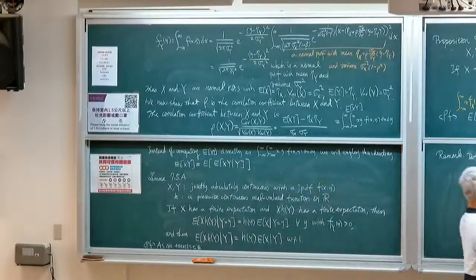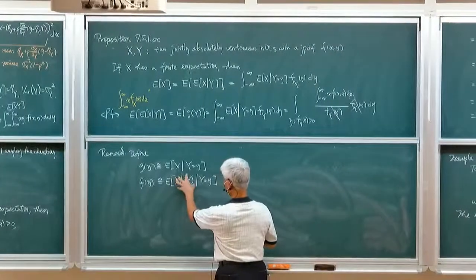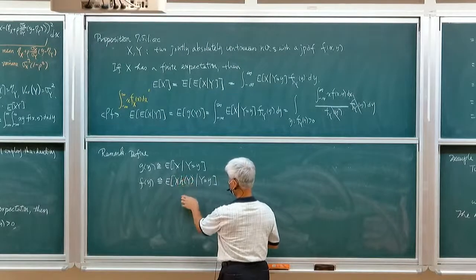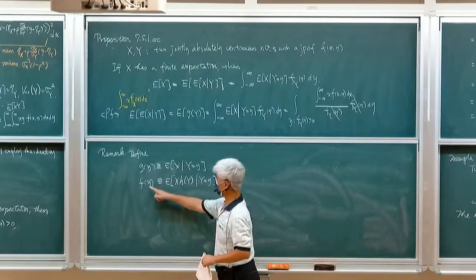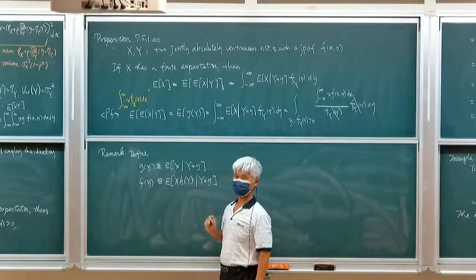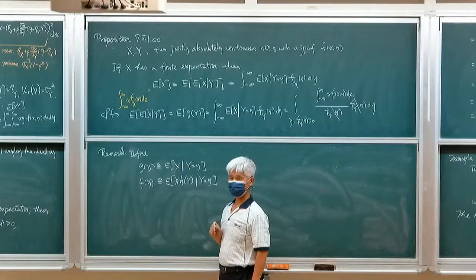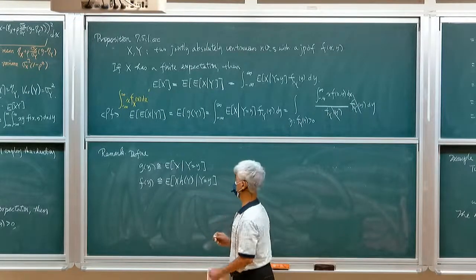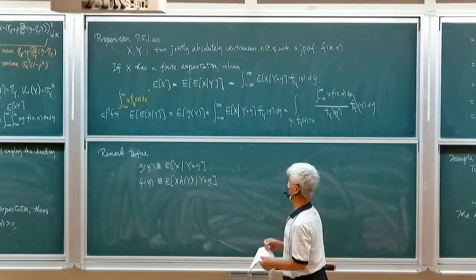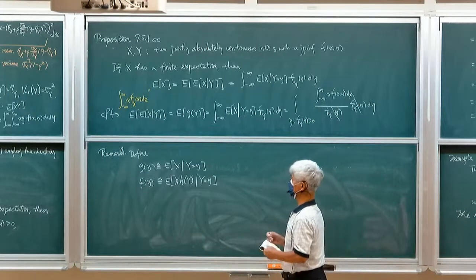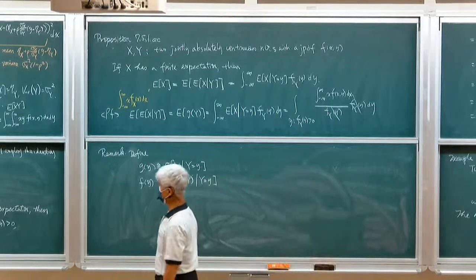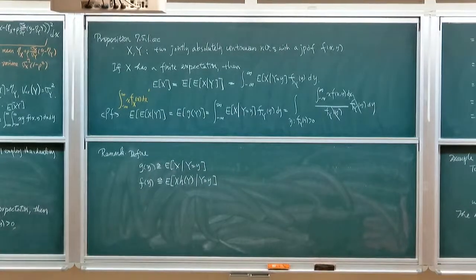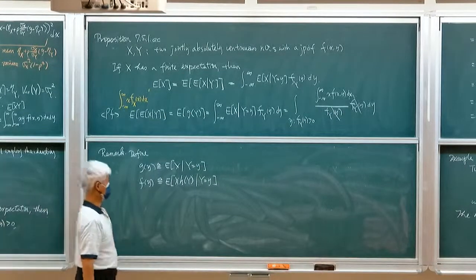The new random variable is X times h of Y. You can think about this as Z, a random variable. Again, it's a function of y. And we say that they are equal with probability 1.